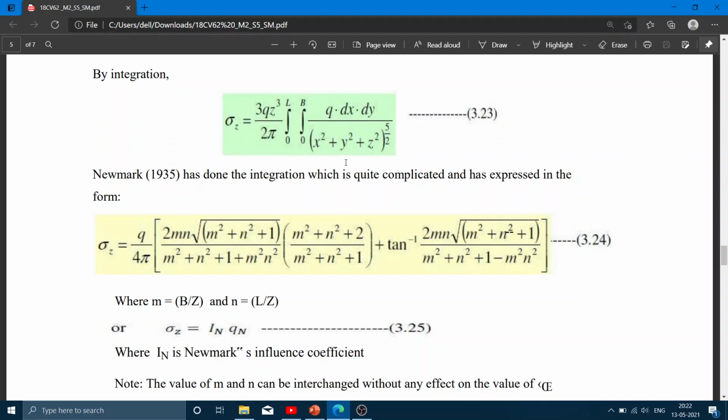You get sigma z equal to 3q z cubed divided by 2 pi, integrated from 0 to L and 0 to b, of dx dy divided by (x square plus y square plus z square) to the power of 5 by 2.